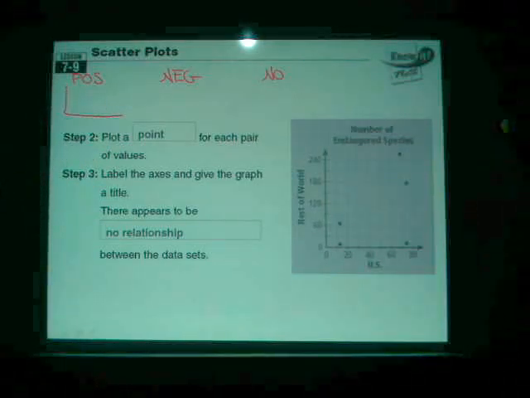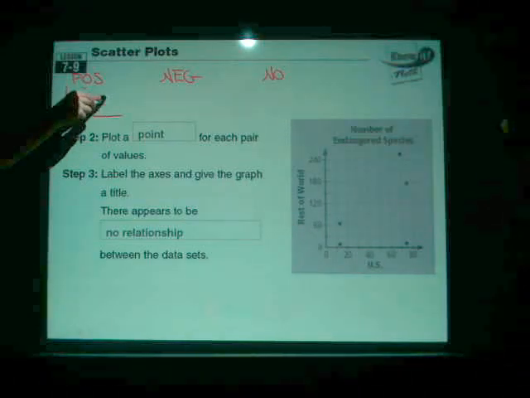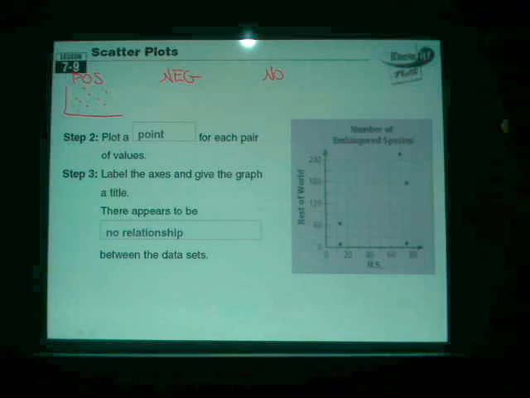If we want to talk about what a positive correlation would look like, consider the dots that are on your graph. If I were to draw a line through the middle of the dots, so there would be an even number of dots generally above and below a line should I draw one on the graph.